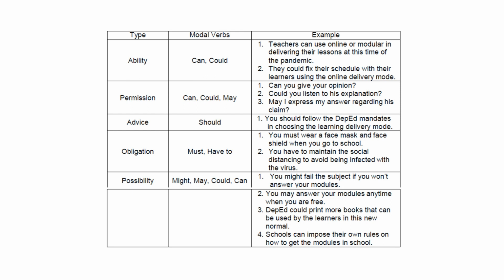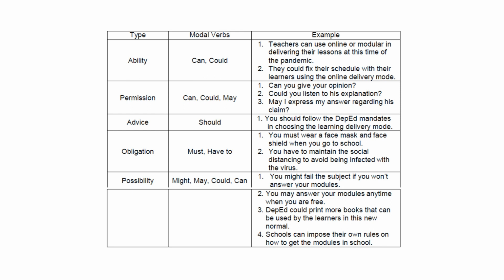So, as you can see the examples of it, we have the types here. Let's say the term for ability, the modal verbs that can be used are the words can and could. Permission, the modal verbs are can, could, and may. If the type is advice, the modal verb is should.